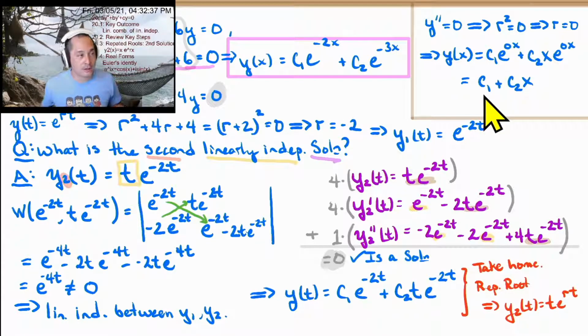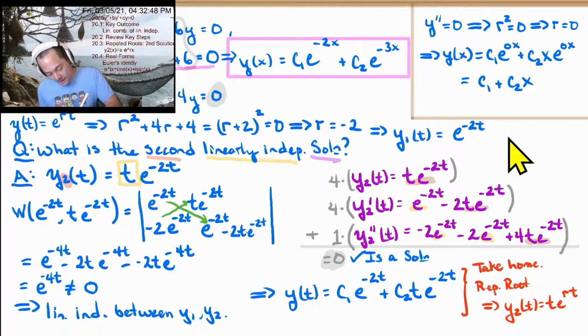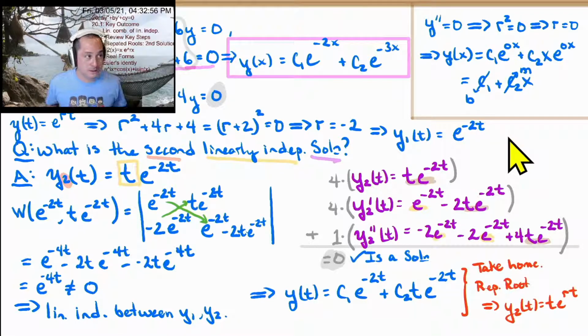Question for the crowd. Geometrically, what is y of x equal to constant x plus constant? Actually, let me just rename C1 as B and C2 as M. What is y equals mx plus b? It's a line, right?